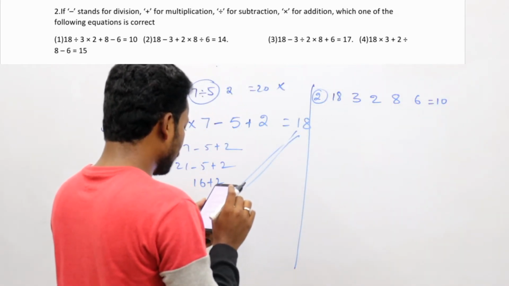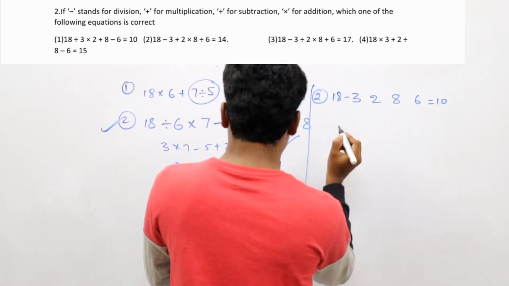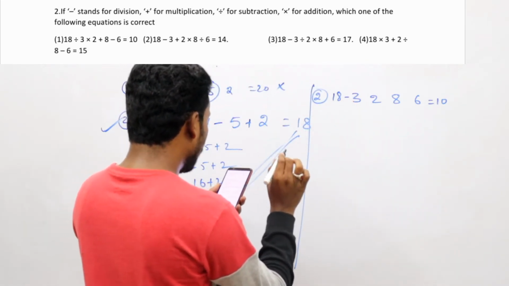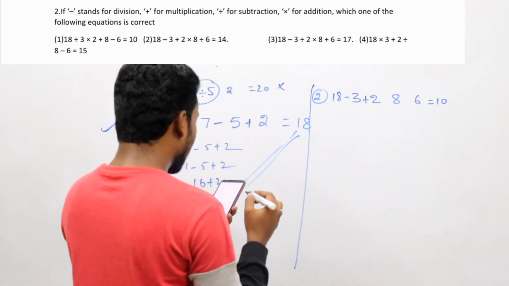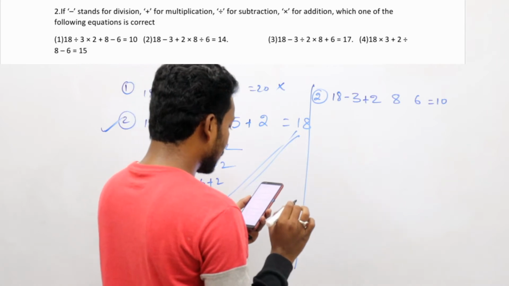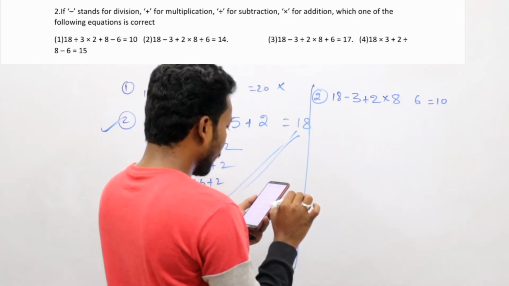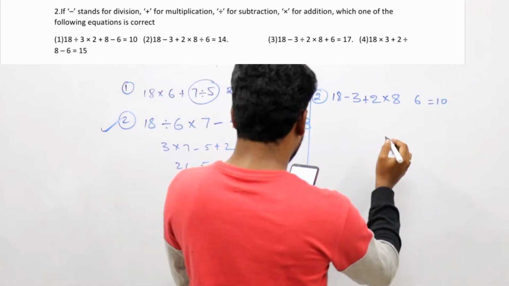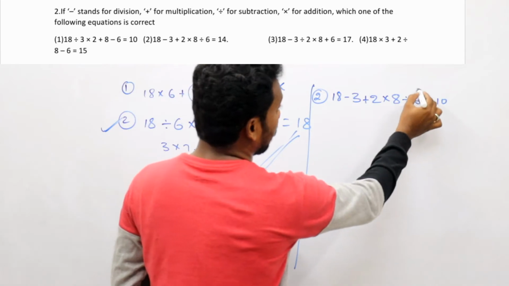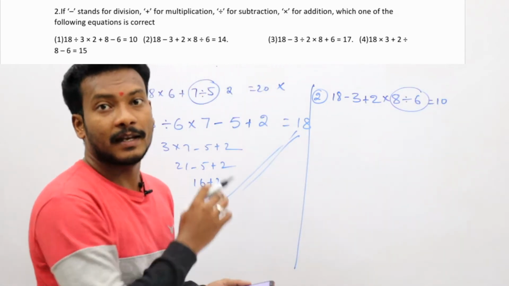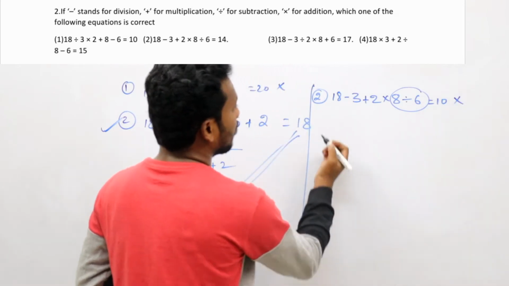Now division stands for subtraction, into stands for addition, plus stands for multiplication, and minus stands for division. Here 8 divided by 6 gives a decimal value, but here it is an integer value. That's why the first option is wrong.